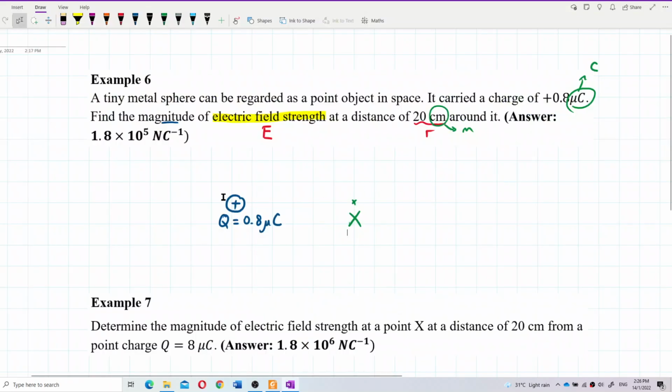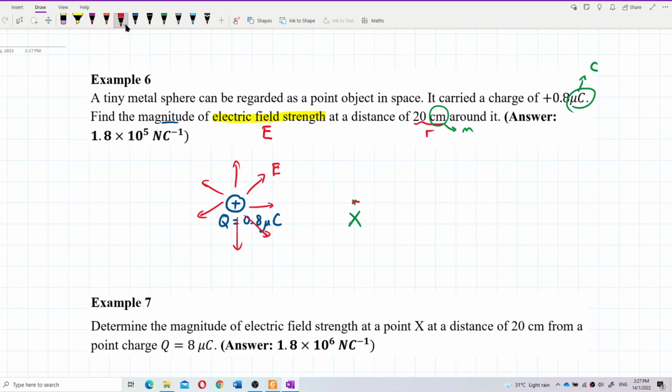Like this case, this is a positive point charge, so the electric field strength is going away from the positive charge. At this point, electric field strength is going to the right. So the direction of electric field is away from the positive charge.